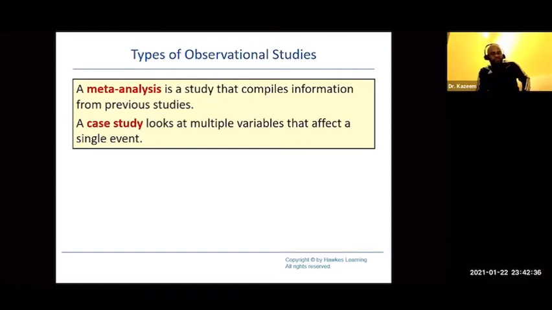Another type of observational study we have is what we call a meta-analysis and a case study. What do we mean by meta-analysis? A meta-analysis is a study that combines information from previous studies.